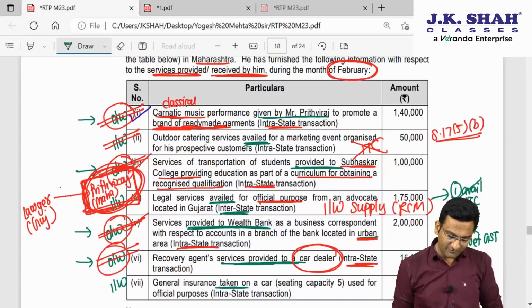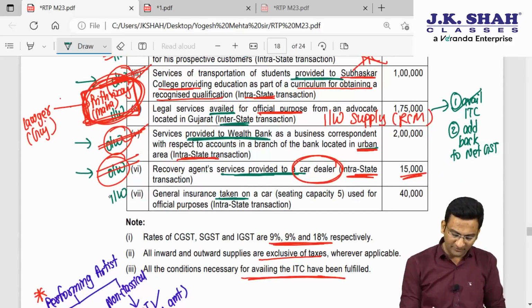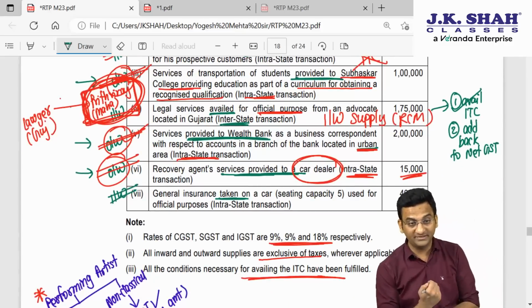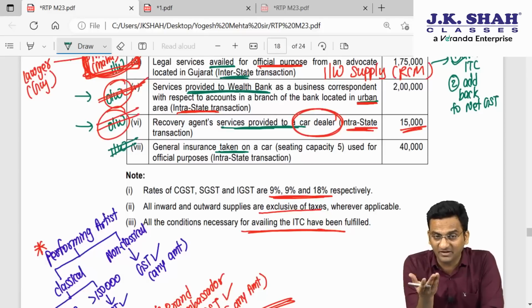So friends, now we have completed point number 1, 2, 3, 4, 5, 6 and the last point friends of this question is point number 7. General insurance taken on the car and the seating capacity is 5. If you do remember friends, the ITC of the car is blocked if the capacity of such vehicle is up to 13.